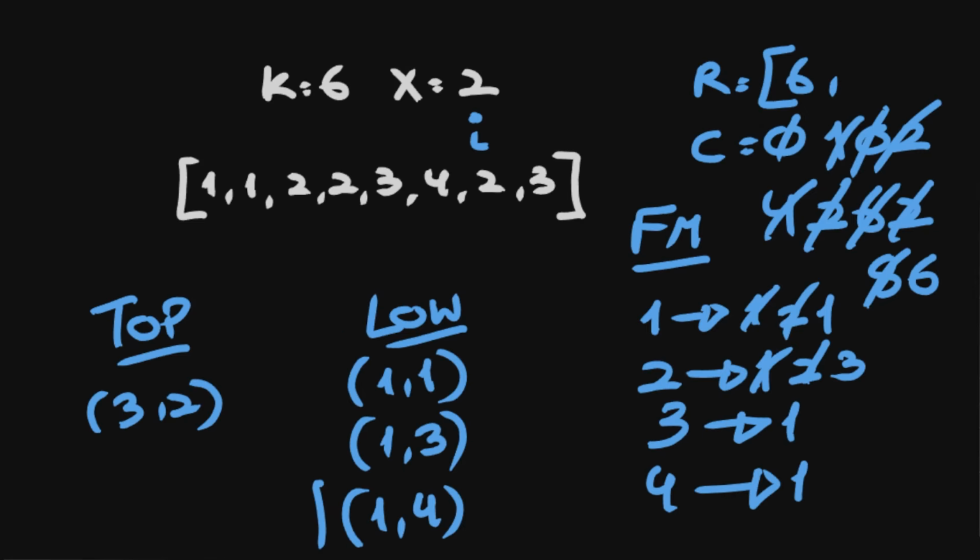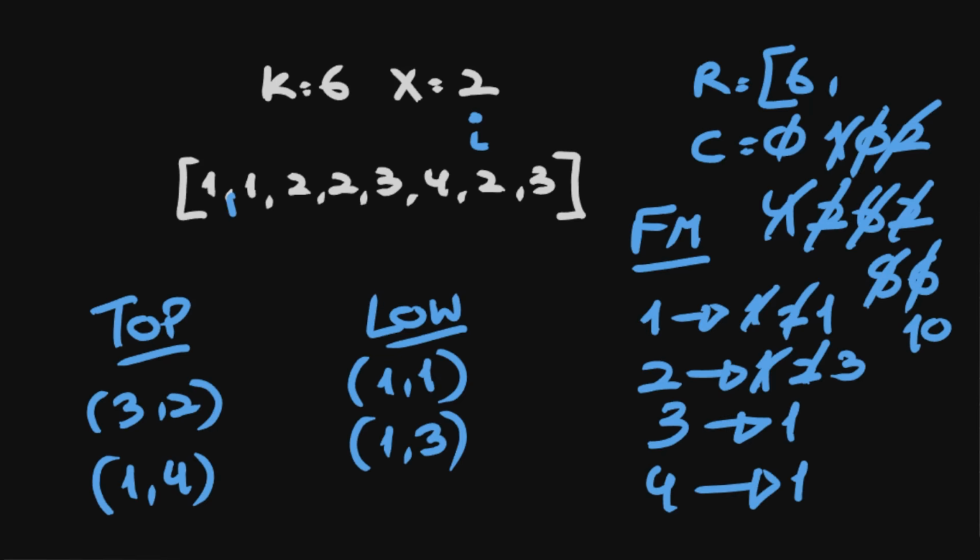We can take the last element because we know that it has either the highest frequency or the highest key. In this case, we have a triple tie, but this one has the higher key, so we need to move this. Okay, so we move this here. And now we need to add 1 times 4 to current, so this is 10. Meaning the result of this subproblem is 10.